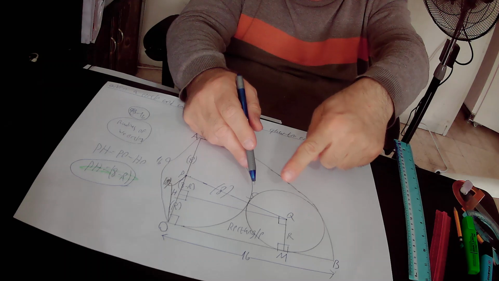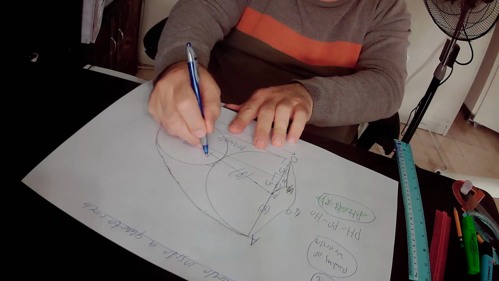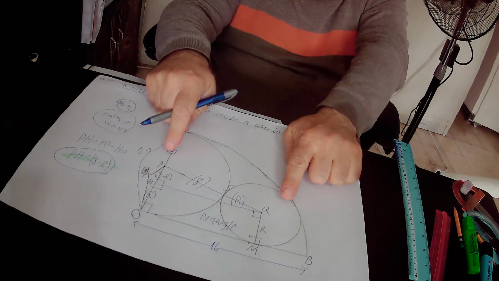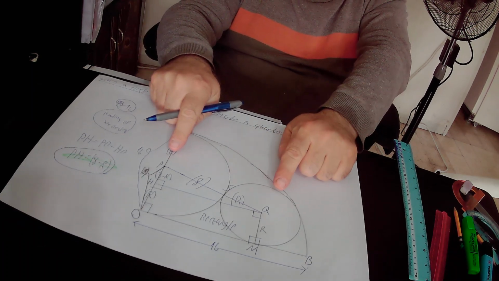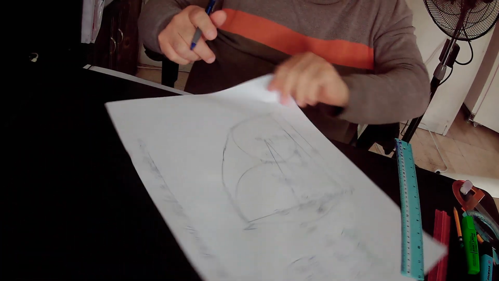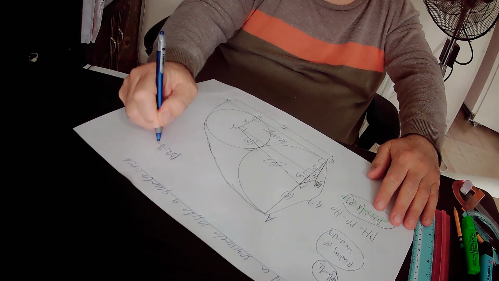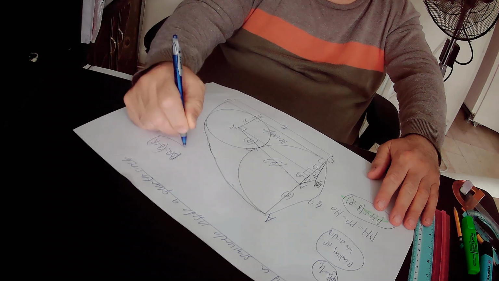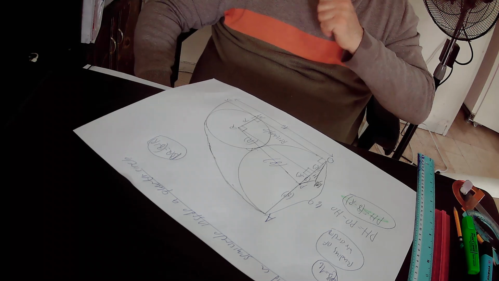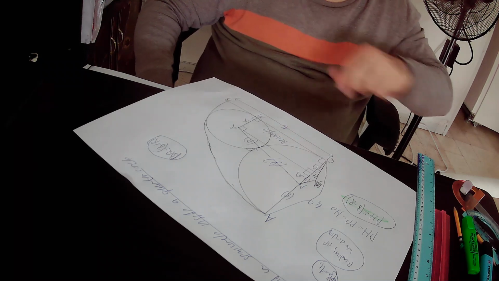Therefore, QS is the radius of this small circle, that is equal to R. Therefore, in total, the length of line segment PQ is 8 plus R. Again, the length of line segment PQ is 8 plus R. So I write it down: PQ equals 8 plus R. And it is, of course, a straight line. PQ is a straight line, and the length of this straight line PQ equals 8 plus R.